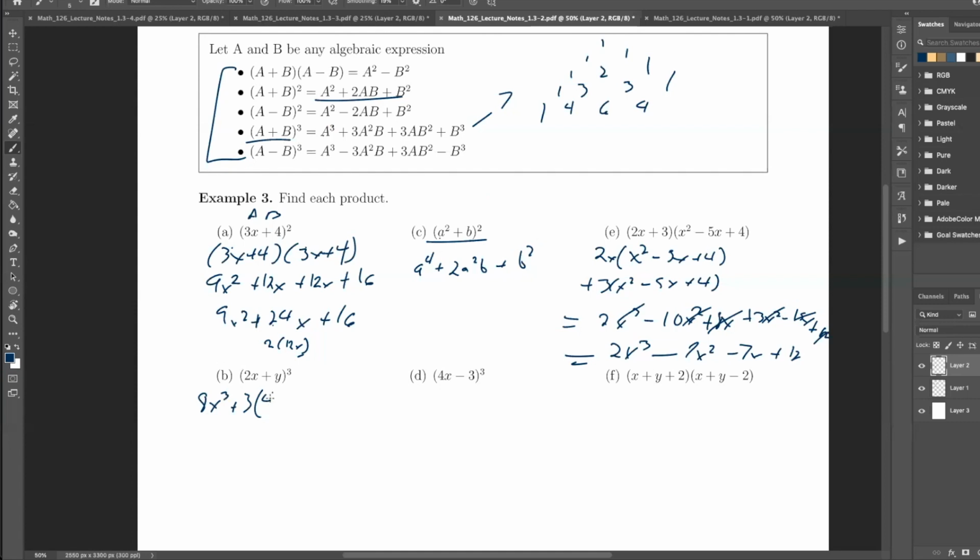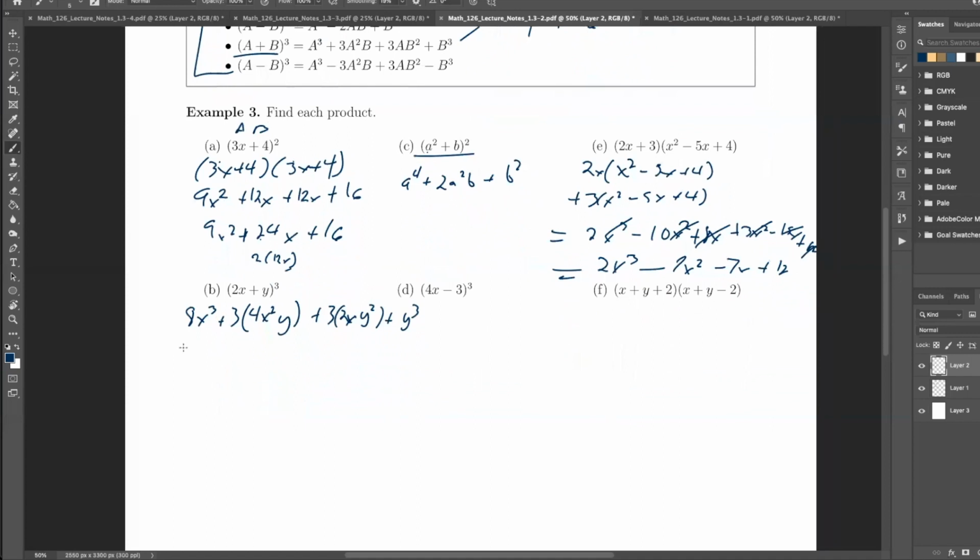So 2x squared would be 4x squared, times b, so it'd be y, plus 3 times 2x times b squared, so it'd be y squared, plus b cubed, which would just be y to the third.